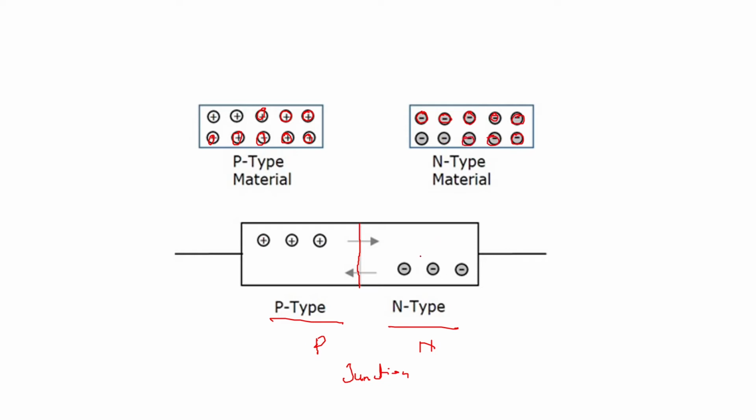When you join them, the electrons will be attracted by the holes and start moving across, and the holes will be attracted by electrons and start moving the other way. So this crossover takes place, and it will take place for some time until a depletion layer is formed in between.